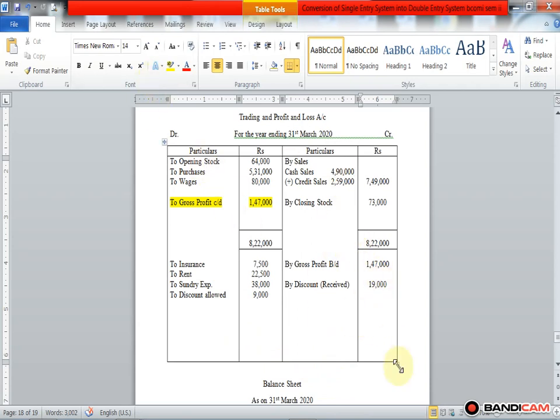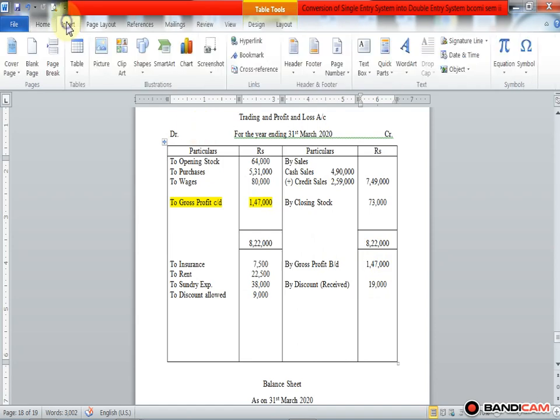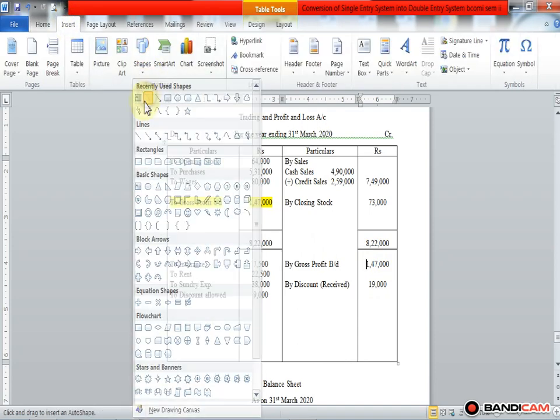Here the credit side is more, so make the total of the credit side.